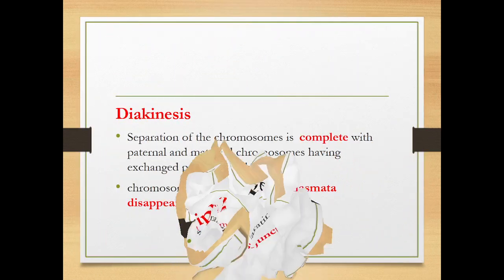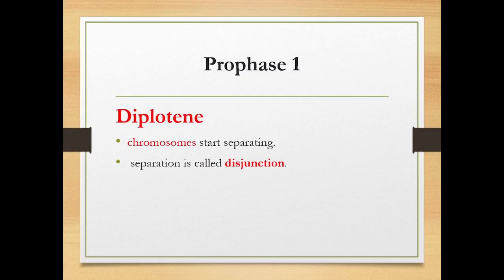Many of the genetic diseases are a result of this particular point, whereby there is no correct separation. Remember, this disjunction can lead to the formation of a monosomy or a trisomy.